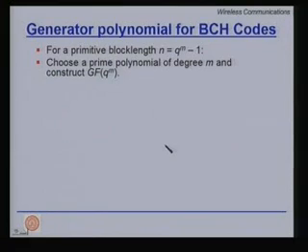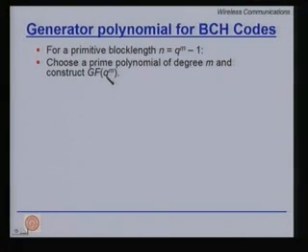So, let us now look at the recipe for getting the generator polynomial for any BCH code. So, start with a primitive block length, because the factorization that we have talked about holds good only for these special block lengths. Choose a prime polynomial of degree m and construct GF(q^m).